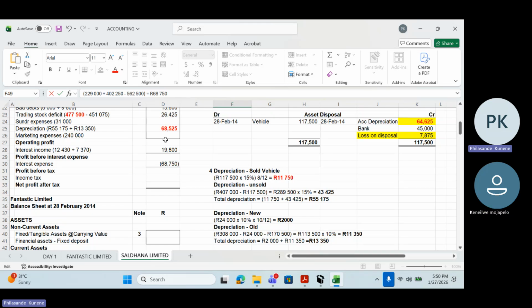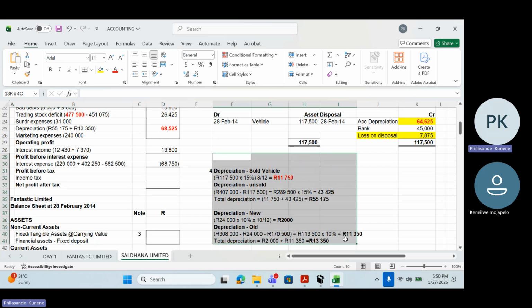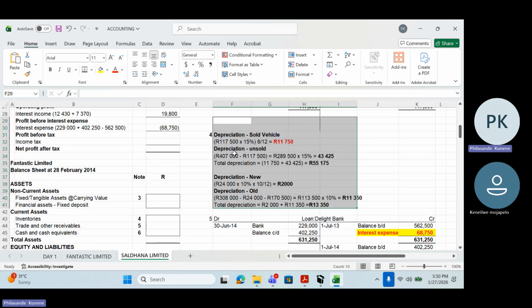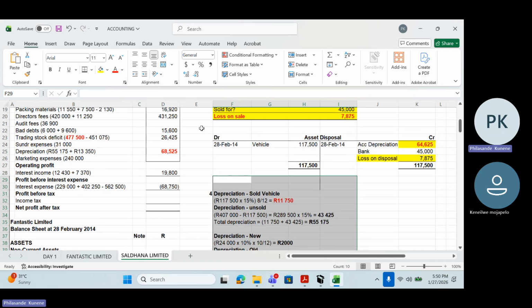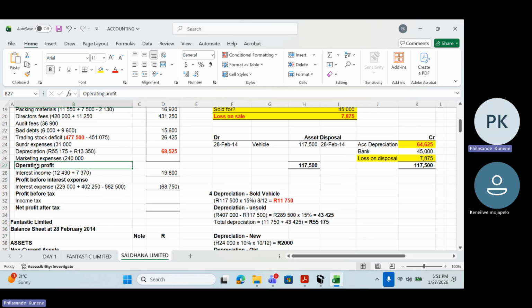So for my interest expense, you know very well workings are important on your income statement, né? Even if you do something like this, these are the things that you will be doing separately on the other side. They usually say you can do your workings at the back of your question paper, but you need something like this on the actual income statement that you're answering, because there are marks for this.